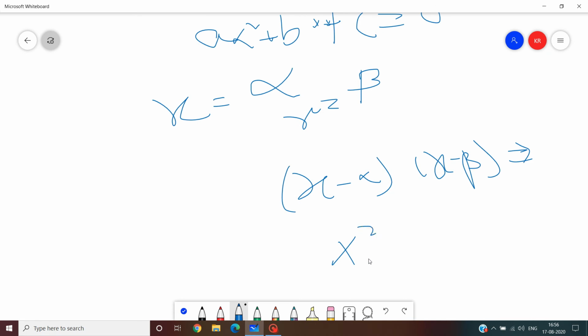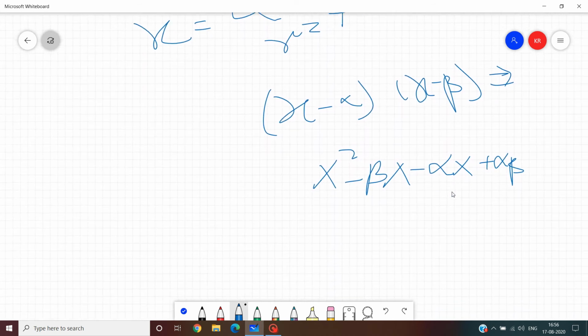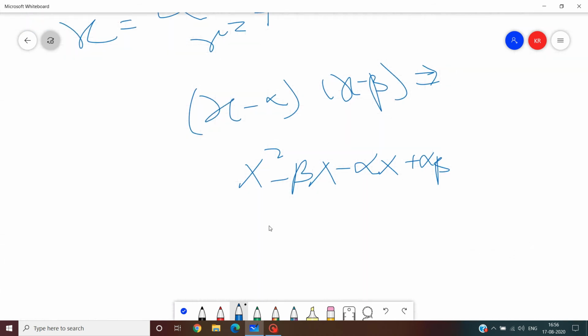Here I get x square minus beta x, again minus alpha x plus alpha beta, because multiplying two negative signs gives positive. This equals x square minus (alpha plus beta) x plus alpha beta.